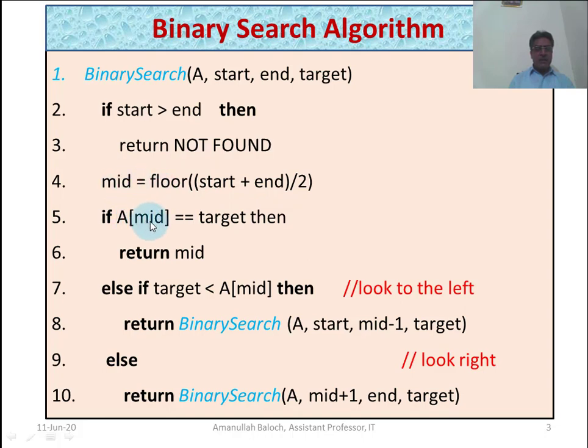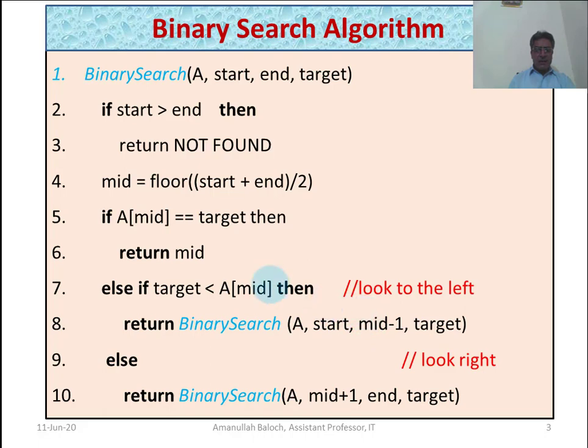If a of mid, that is a of 1, is equal to the target value, then it will return the mid, otherwise it will come here and will call the binary search algorithm again. It will send the start index and mid minus 1; the mid value is also 1, 1 minus 1 is equal to 0.